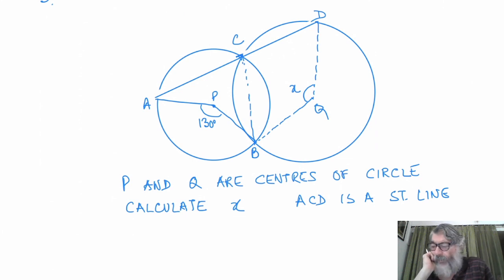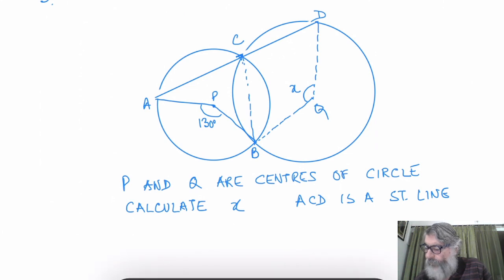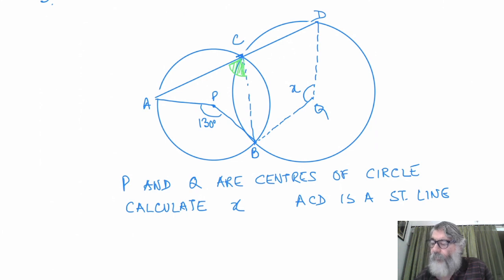ACD is a straight line. Again, I'll use a different color to show you one angle first of all. I will calculate this angle. What is this angle?